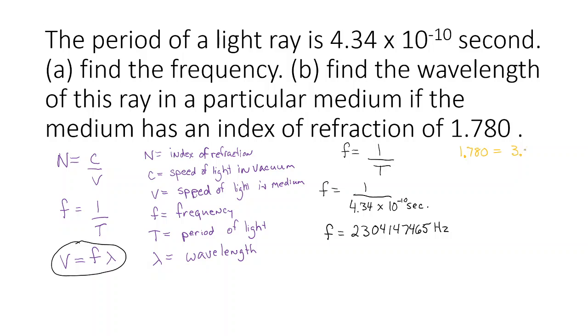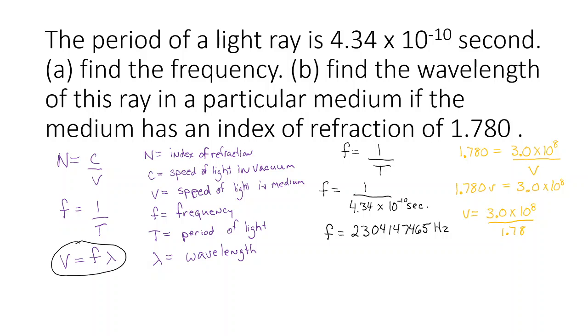Speed of light in a vacuum, we've already talked about that today, 3 times 10 to the 8th meters per second. And that will allow us to find the speed of light in this particular medium. So we'll do 1.780 times V equals 3.0 times 10 to the 8th. We're going to divide both sides by 1.78.